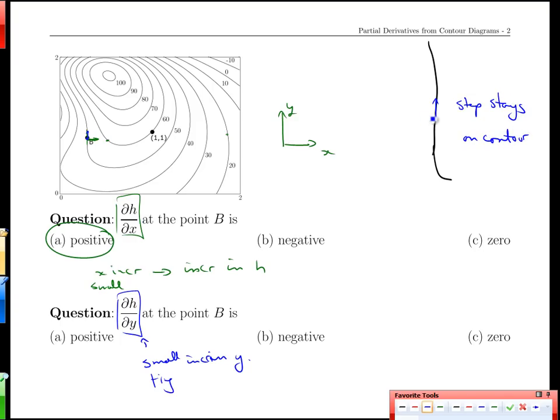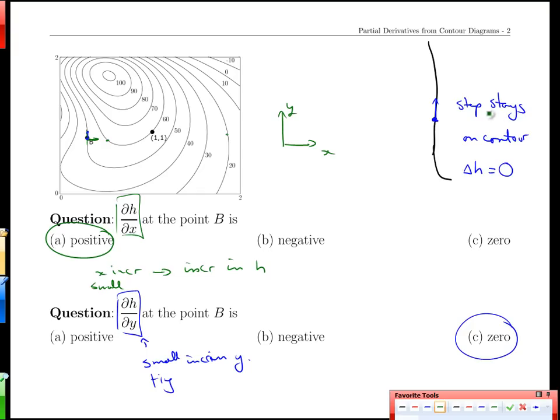And that is a distinctive outcome, something we haven't seen yet in these examples. If we take a step and stay on the contour, well then what's our change in h? Well, this contour is all at height 50, so if I take a step and stay at 50, there's going to be zero change in h, and so the partial derivative of h with respect to y is going to be 0.